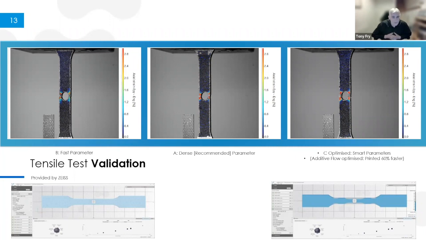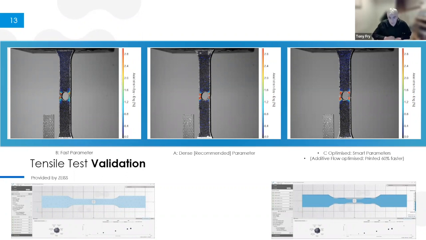It's not overly clear in these images, but there is more variation along the test piece length in sample B compared to sample A. And again, in sample C, we also see a little bit of this variation in strain along the sample length.